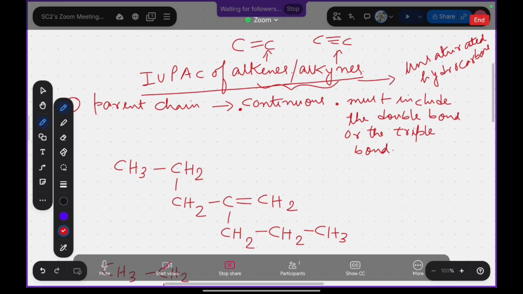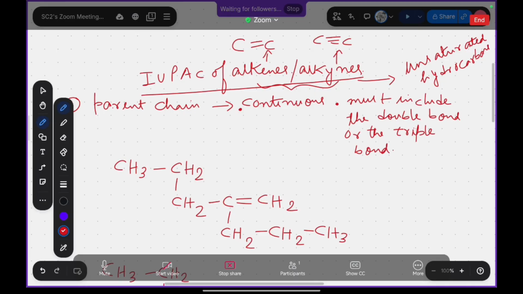Whenever you find the parent chain for alkenes or alkynes, you need to remember two conditions. The two conditions that will help you find the parent chain: first, it should be continuous.